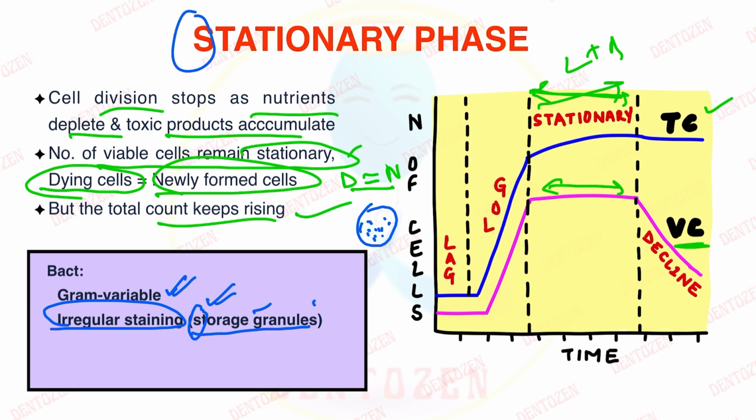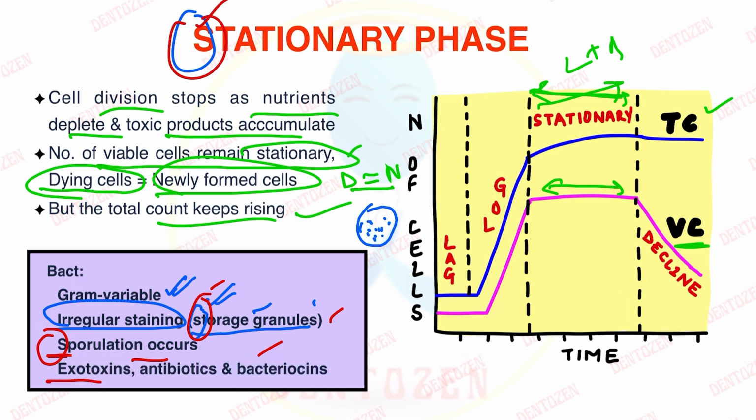So what will they do? They can form spores. So sporulation can occur in the stationary phase. So S for sporulation, S for storage granules, S for stationary. All these things are happening in the stationary phase. Now they have started dying, so their cell wall can release exotoxins, antibiotics, and bacteriocins. All these things are happening in the stationary phase, and those can be your entrance questions.